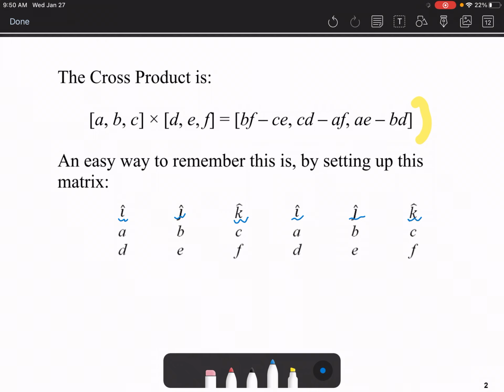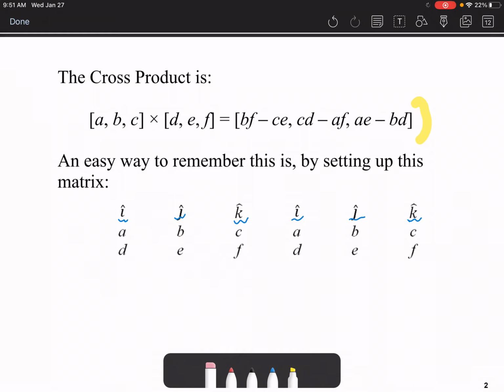Then you take your first vector, A, B, and C, and you list them like so. Then you do the same thing with D, E and F. So to remember this, you start on I, and you go diagonally across to B and F. Oops, slightly missed.